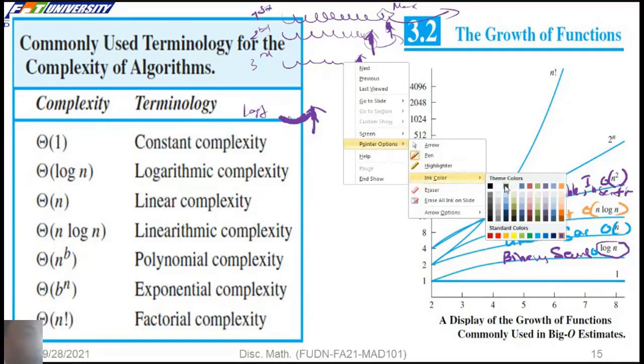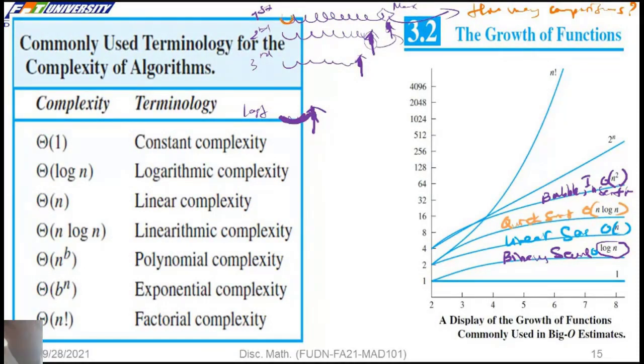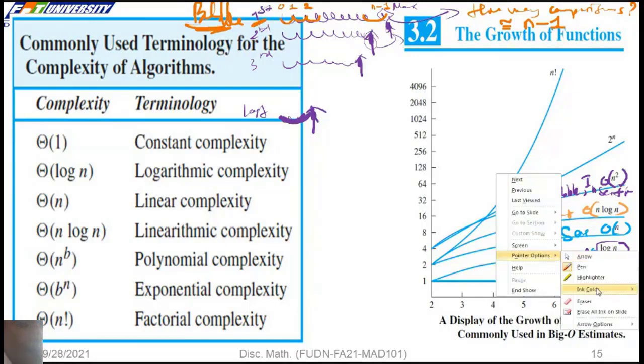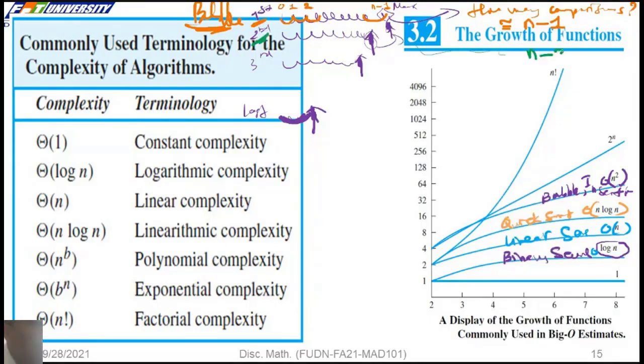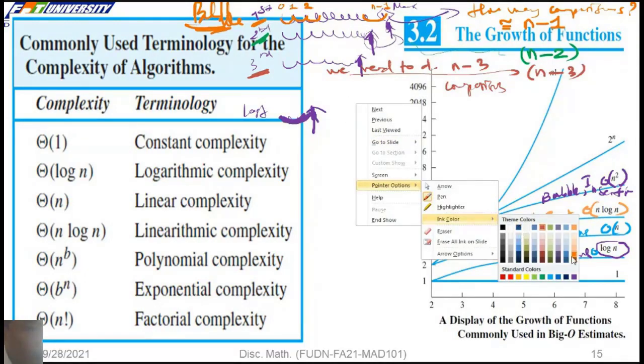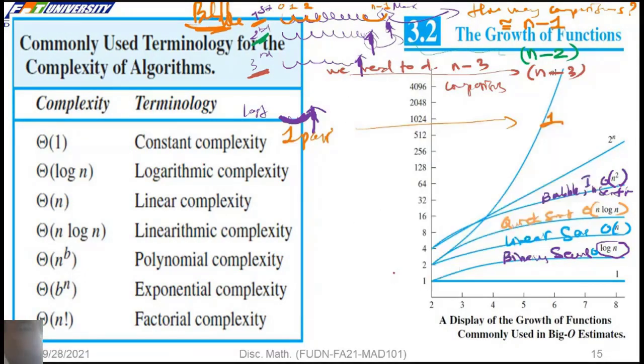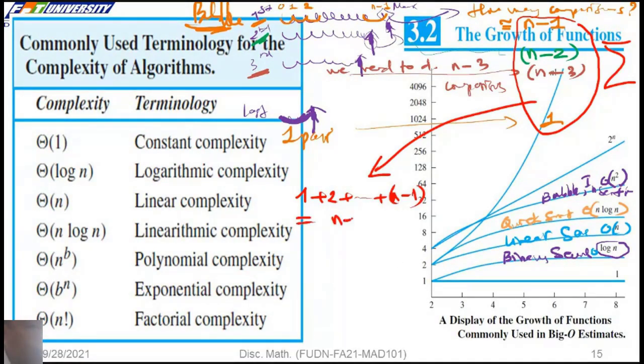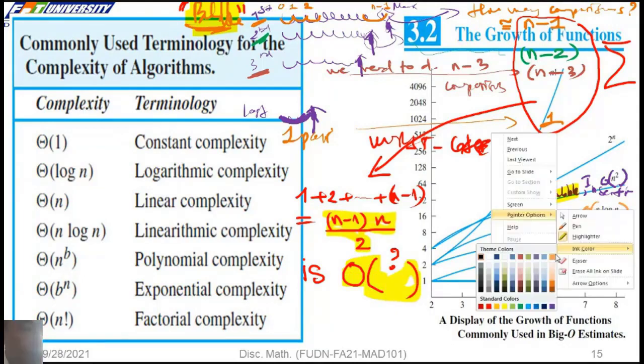How many comparisons? 1 pair, 2 pairs, 3 pairs, and the last pair. This is the number of comparisons in the first pass. In the second pass, in the third one, okay. And in the last step, we have only one pair. The summation is n minus 1 and so on down to 1. It's O of n squared.